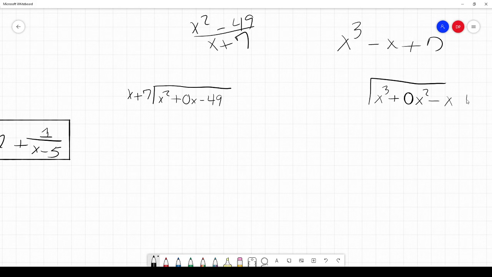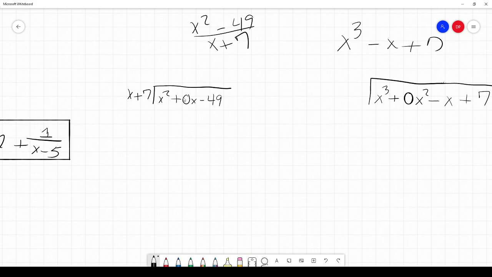And then from there, it would just be like normal. Okay? So if you forget to do that, it's going to cause problems for you. Okay? So always make sure you leave a column for every degree, even if there's not that degree term in your original dividend. Okay? So the actual problem here, I don't think is going to be very bad.